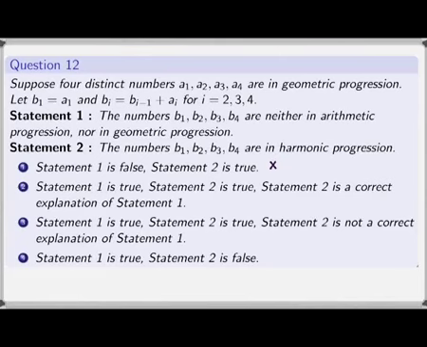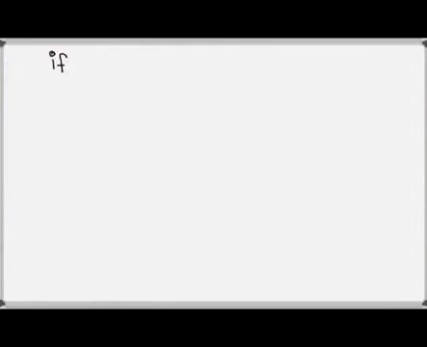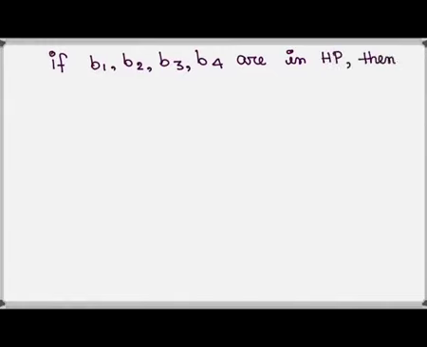Next we check whether statement 2 is correct or not. For that we have to check whether B1, B2, B3 and B4 are in harmonic progression or not. If B1, B2, B3 and B4 are in harmonic progression, then we must have 1 by B1 plus 1 by B3 is equal to 2 by B2.